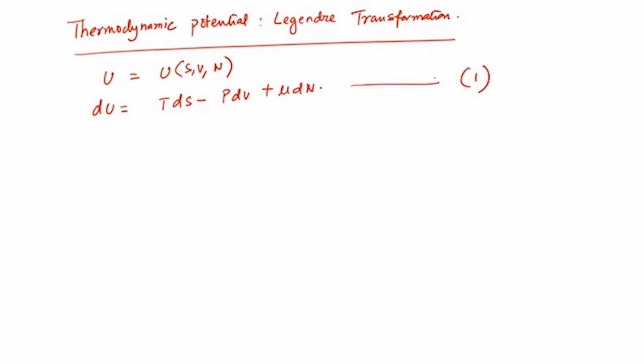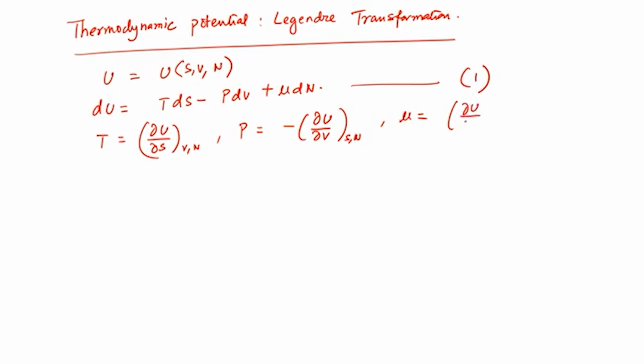Okay. This is combining first and second law, where T is given as del U del S at constant V, N, P is nothing but minus del U del V at constant S, N, and mu is del U del N at constant S and V. Okay. So, these are the relationships of all these coefficients in terms of the differentials.